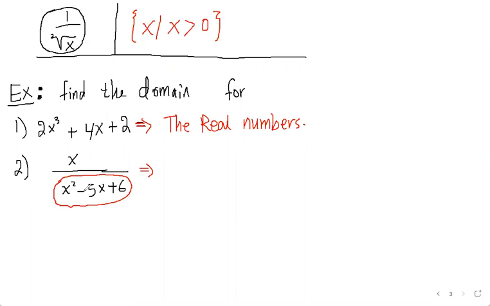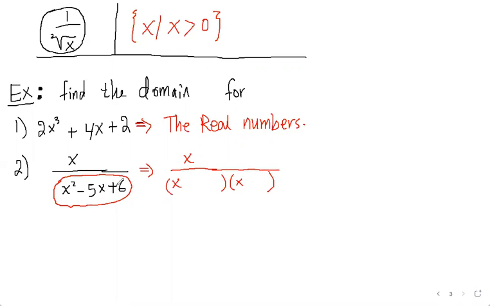How can I remove the 0? I need to factor this one. So this is equal to what after I factor it? What's the factor for this one? What's the factor from last time?